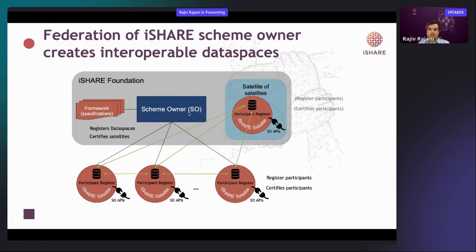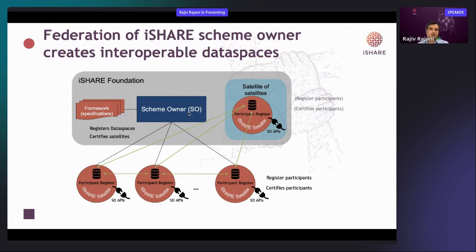Satellites are based on a distributed ledger, so each satellite is a node in the same distributed ledger, and a satellite is responsible for registering and certifying participants in any of the roles that we already saw, except for satellites.